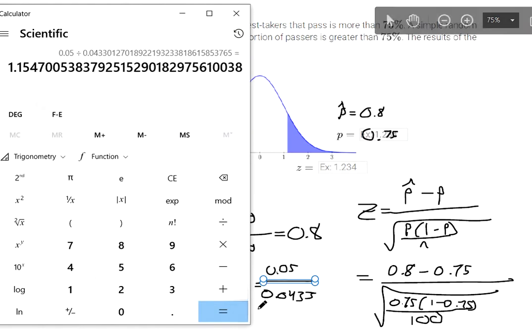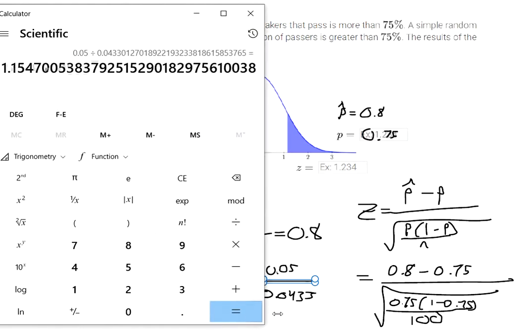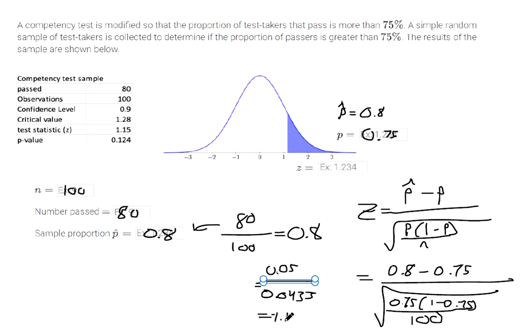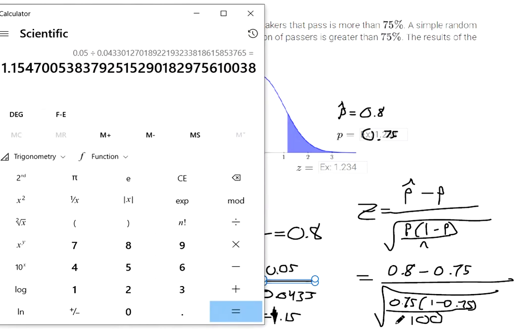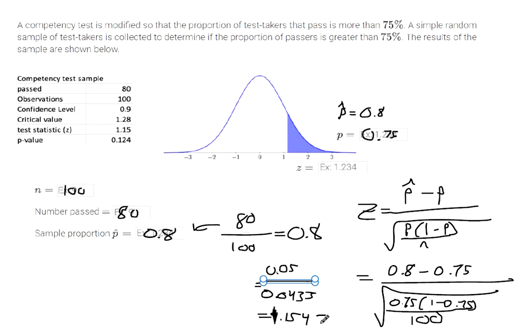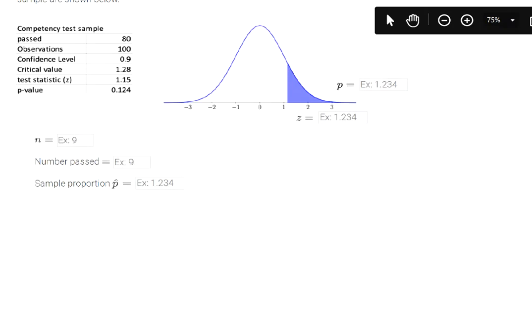So I got a z-score of 1.15. It's not a negative sign. It's 1.1547. I don't think it says how many decimal places, so I'm just going to write 1.1547. That's our z-score.